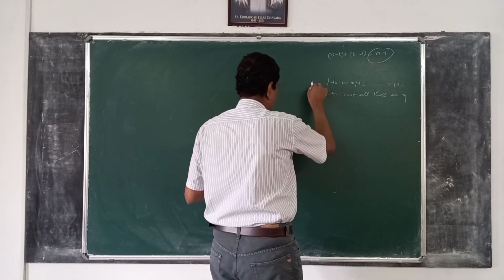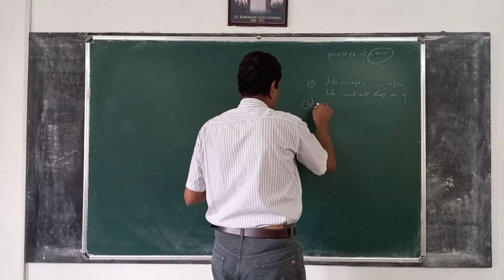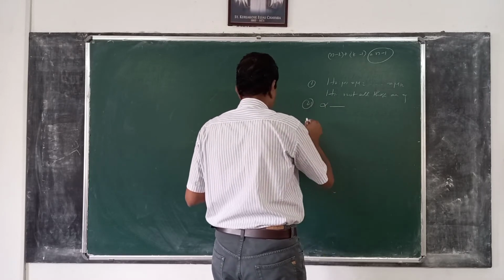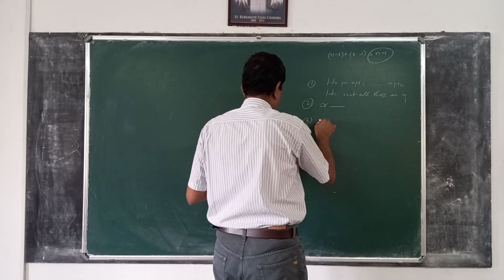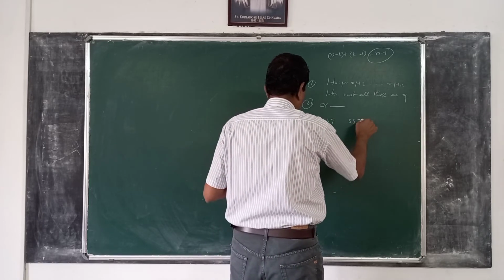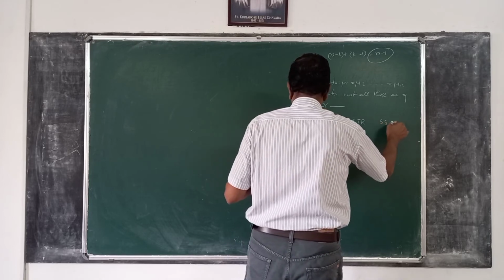In the second step, we decide alpha, the level of significance. The third step is to obtain the 3 sums of squares, SST, SSTR and SSE.